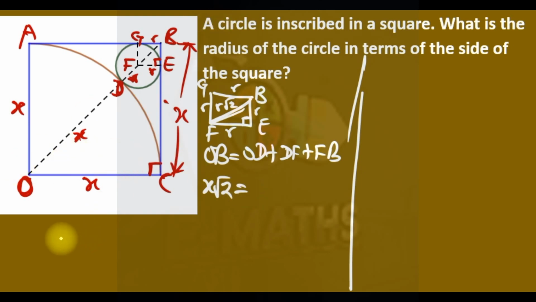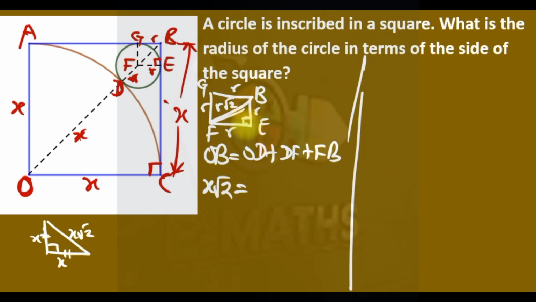We'll call it the 45, 45, 90 triangle theorem: if you have an isosceles right triangle with two sides X, the hypotenuse is X times root 2. That's what I used here.